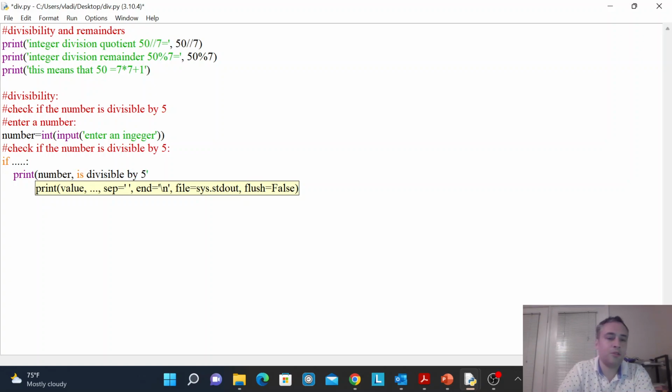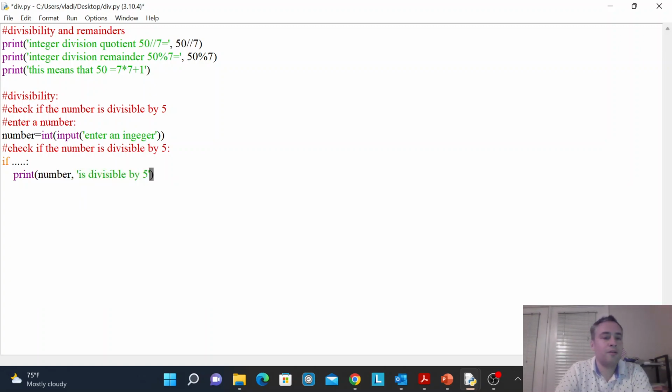I need quotation marks. And the other condition, else, print not divisible by 5. So I gave you time to think what goes in here.